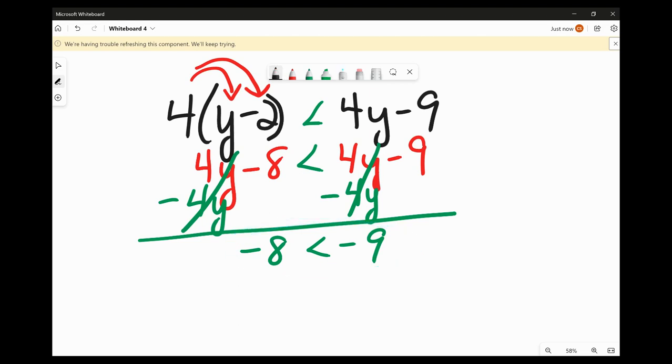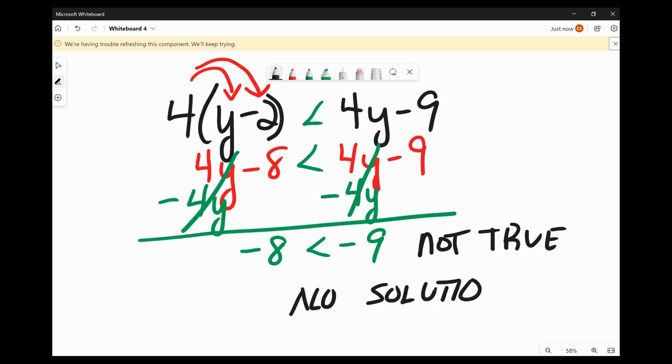When I look at that, negative 8 is not less than negative 9, so that's not a true statement. When it's not true, that means there's no solution. I'm going to fix this N just in case I'm confusing you. All right, so it's no solution. When there's no variable and it's a false statement, that's no solution.